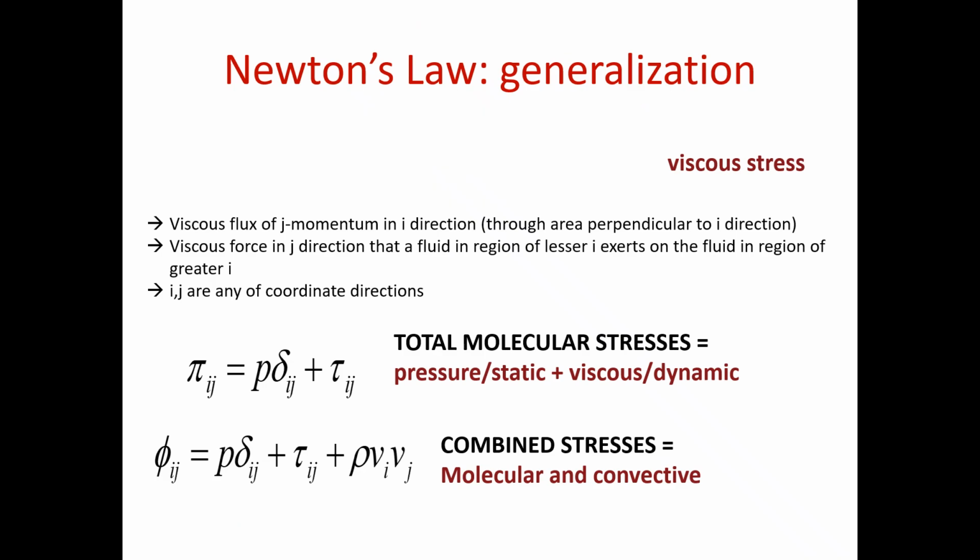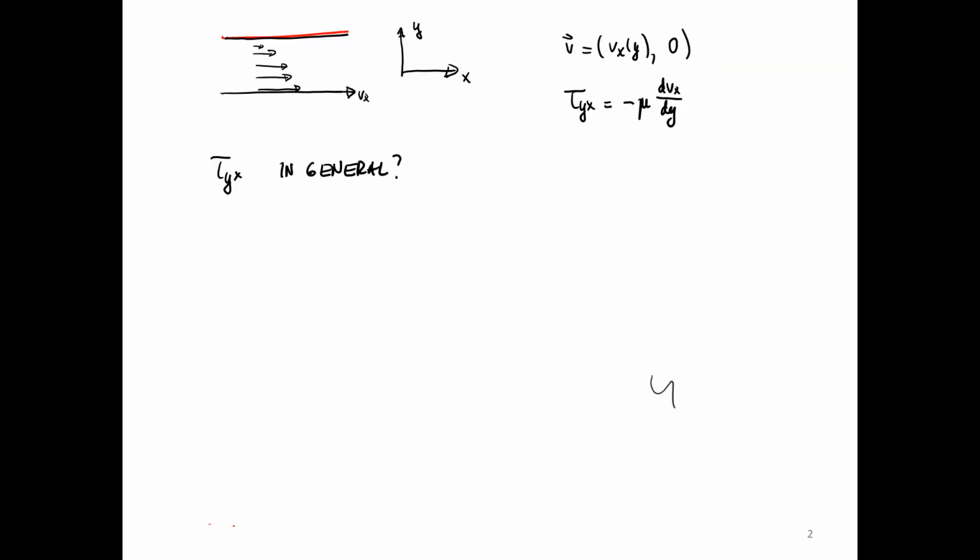If I have, let's stay in 2D, if I have V that has two components, what is gradient of V? Matrix.